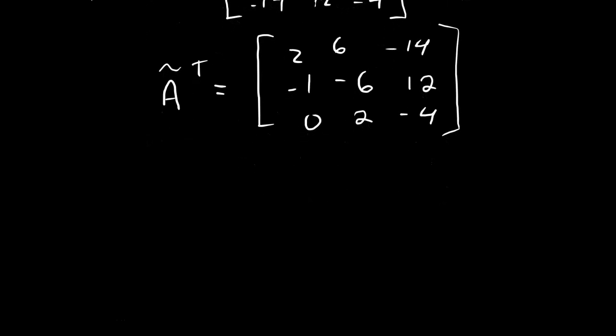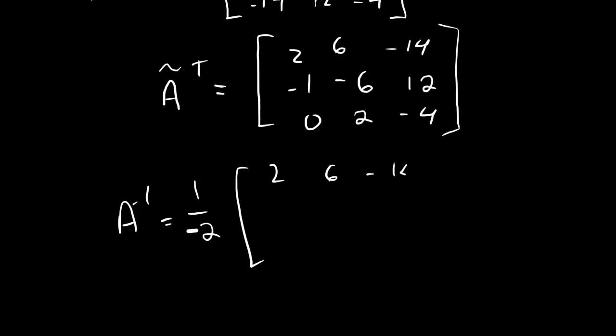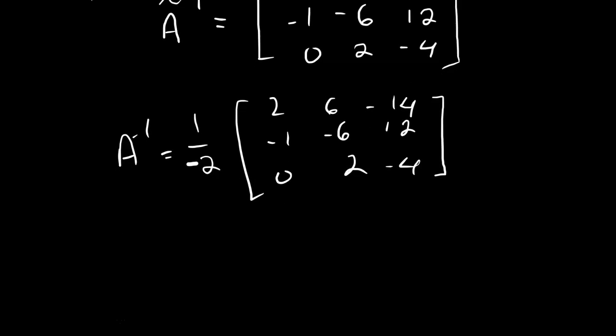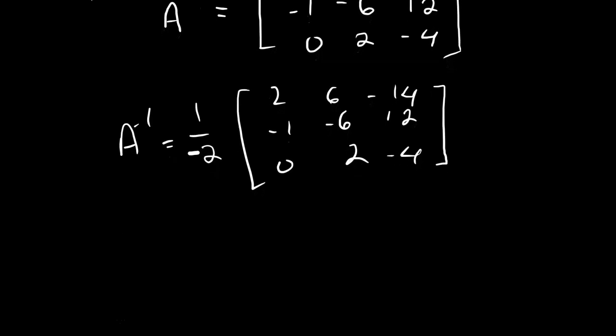Our formula then tells us that the inverse of A is this right here, which was 1 over negative 2, right? The determinant of A we said was negative 2, times this matrix that I just found, 2, 6, negative 14, negative 1, negative 6, 12, 0, 2, negative 4. And it's a good thing to recall that when I multiply a matrix by a constant, that just means multiply every element by that constant.